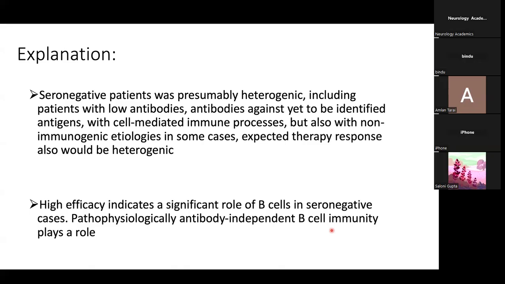High efficacy indicates a significant role of B cells in seronegative cases, and pathophysiologically antibody-dependent immunity plays a role. Because of the different mechanisms, it is not straightforward.